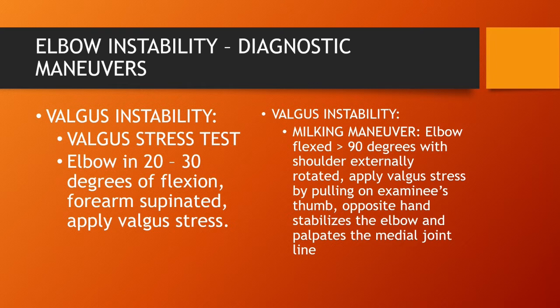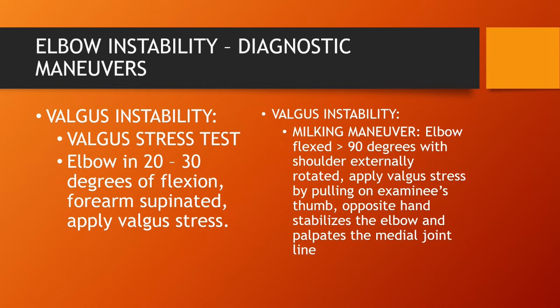Simultaneously, with the shoulder externally rotated, a valgus stress is applied by pulling on the examinee's thumb in a lateral direction, while the opposite hand stabilizes the elbow joint and palpates the medial joint line for opening, indicating a valgus instability.